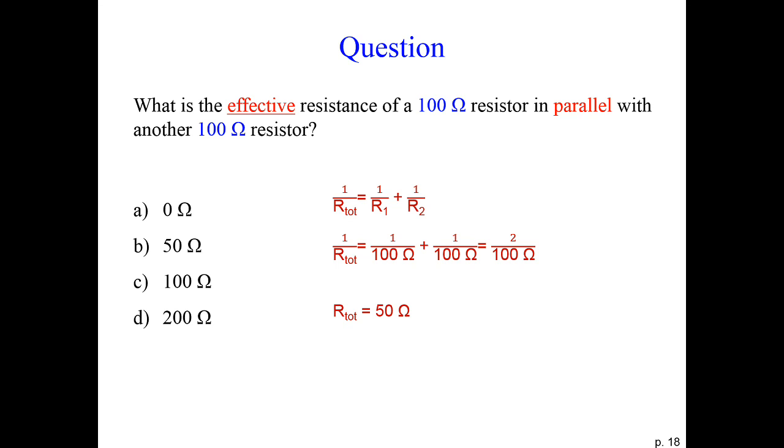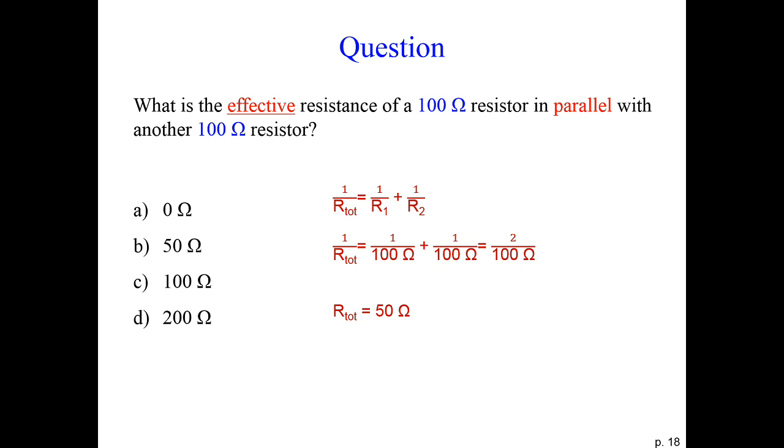Since 1 over R is equal to 1 over 50, then R is equal to 50 ohms. So if we have our two resistors of 100 ohms in parallel, they will have a total resistance of 50 ohms.